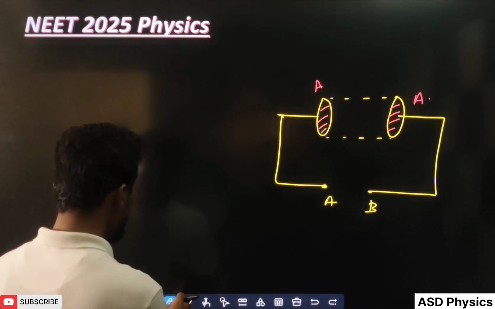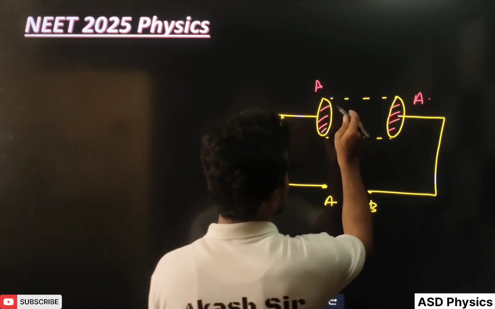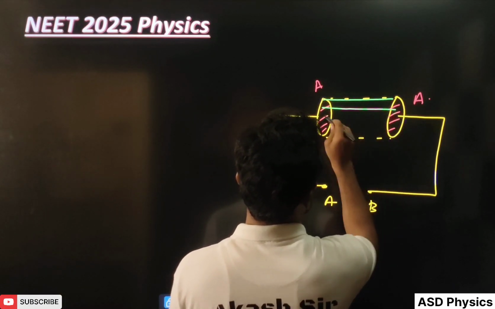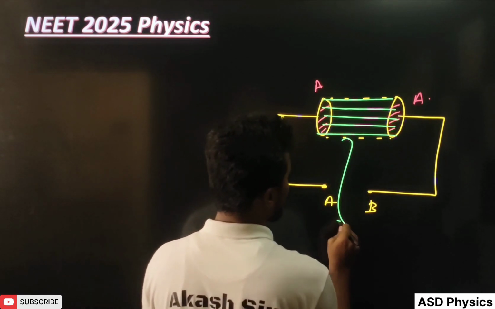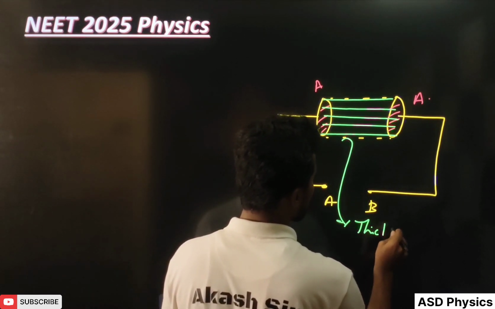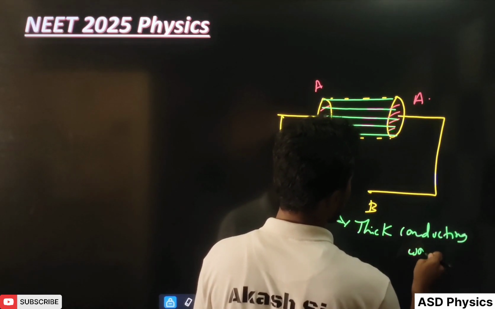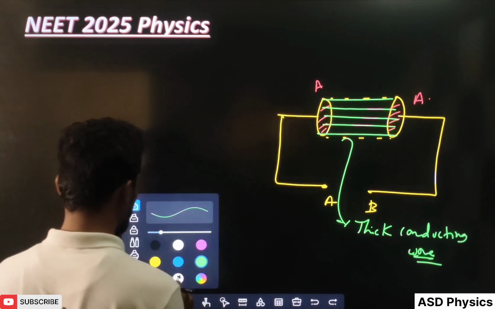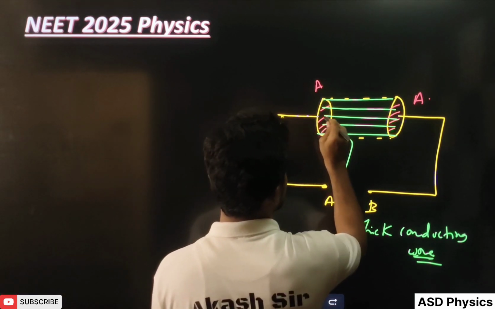Remember one thing, the displacement current will be uniformly distributed. See, this displacement current will flow like this, everywhere like this. So it will behave as a thick conducting wire. It will behave as a thick conducting wire having the center, this is the center.